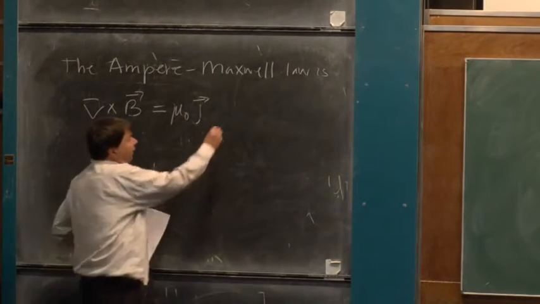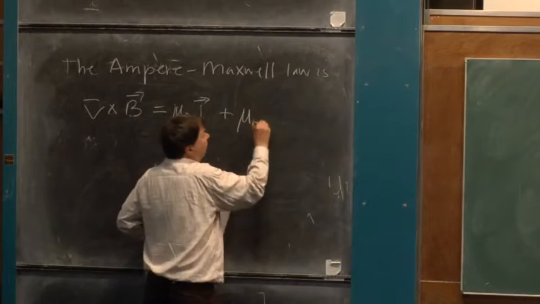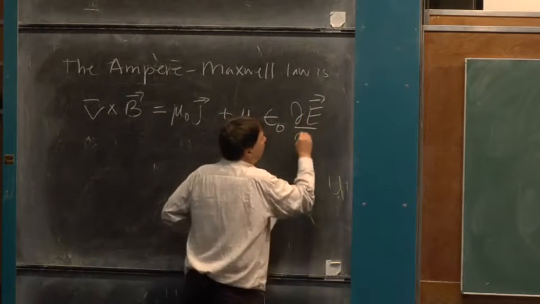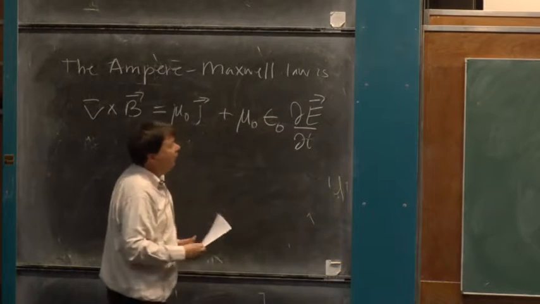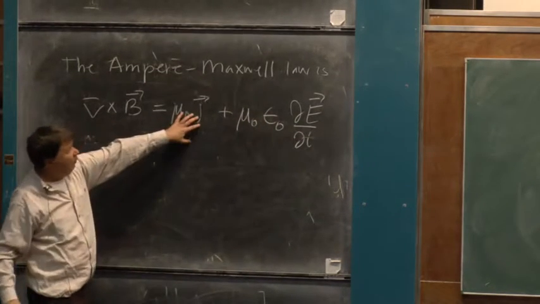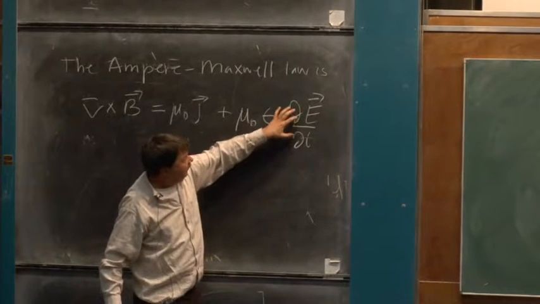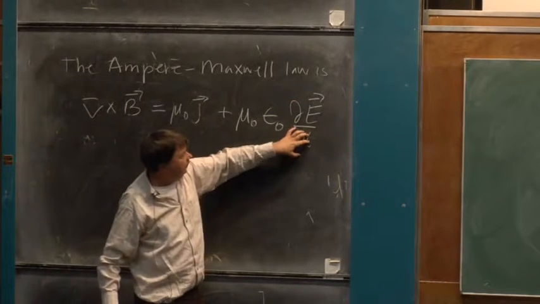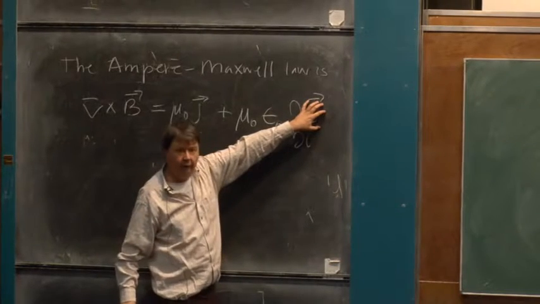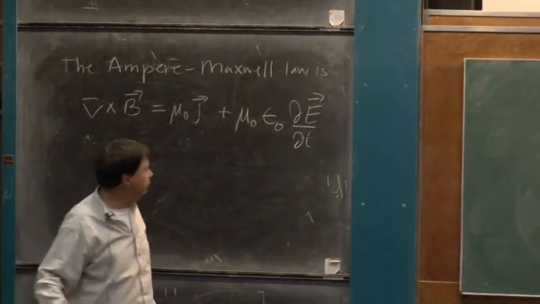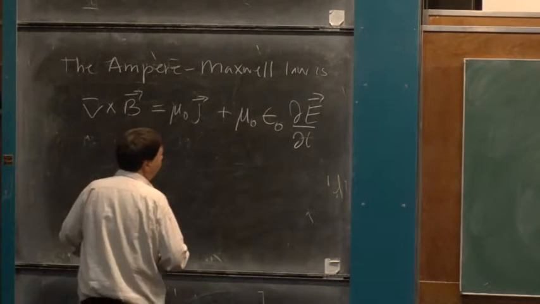But what he did see was that we had to add this term to the right-hand side of the equation. Now when we take the divergence, remember I can take the divergence of dE by dt as the same as dE by dt of the divergence. We know from Maxwell's first law that the divergence of E is rho over epsilon naught.